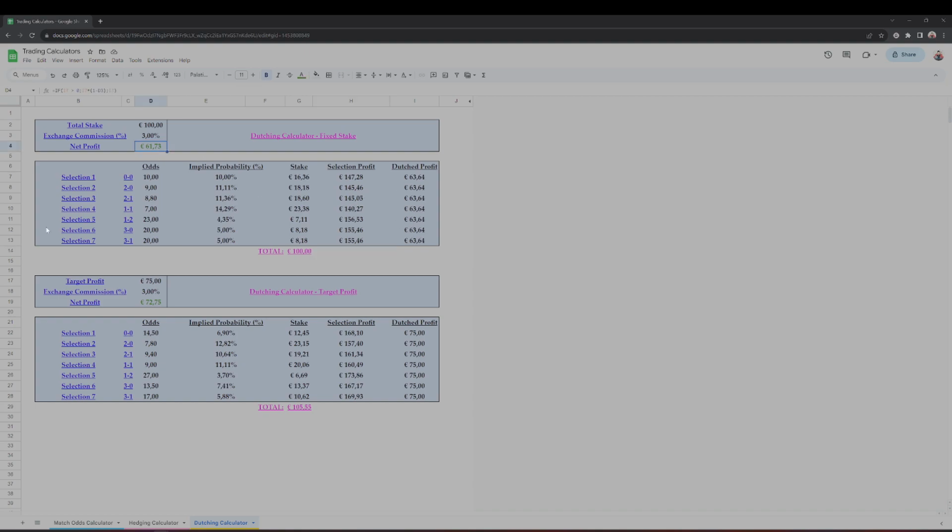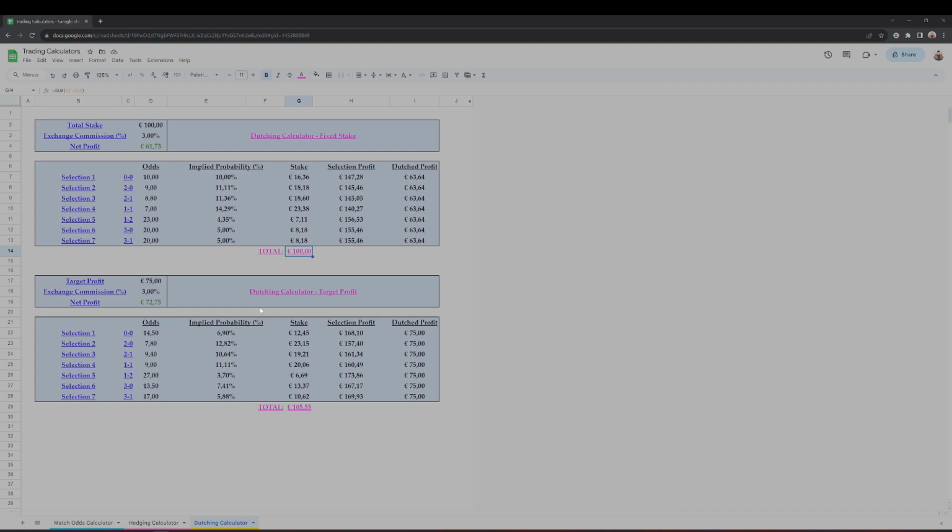Yeah, 61.73 after commission. The other option, looking at the Dutching, is you do it in a different way. And by the way, here is the evidence, right? You have the sum of this column, just to prove that it is 100, which is the total stake.